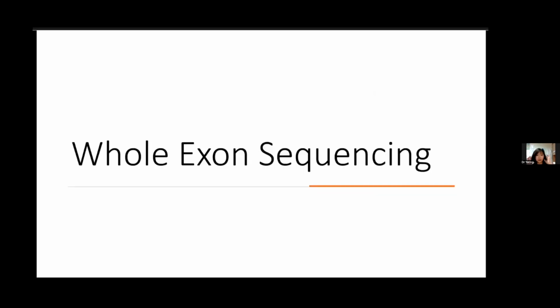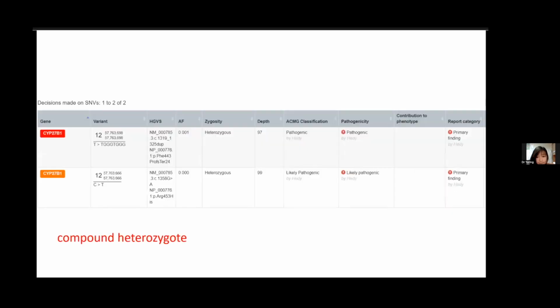In this case, we completed the whole exome sequencing and Sanger sequencing of the patient and her parents. The result showed a compound heterozygous mutation of the CYP27B1 gene. That means in this patient, there are 2 different mutations located at the 2 recessive alleles. Those 2 mutations are both in the same CYP27B1 gene, and this means compound heterozygote.